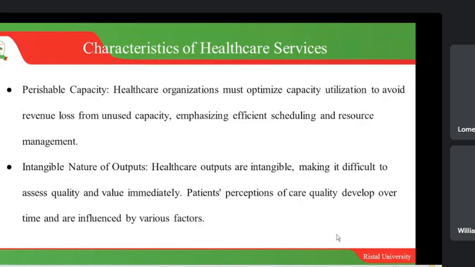And of course, we have issues around patient perceptions of care quality. They are going to develop over time, and they are also influenced by various factors. Perception is simply how we interpret things.